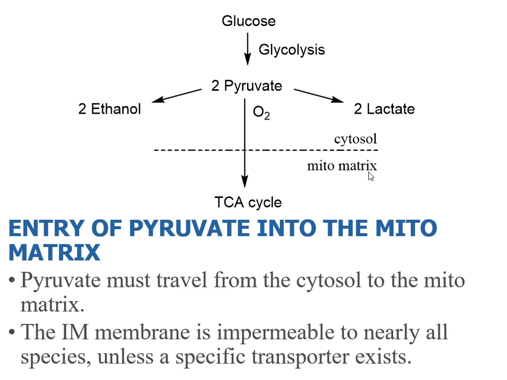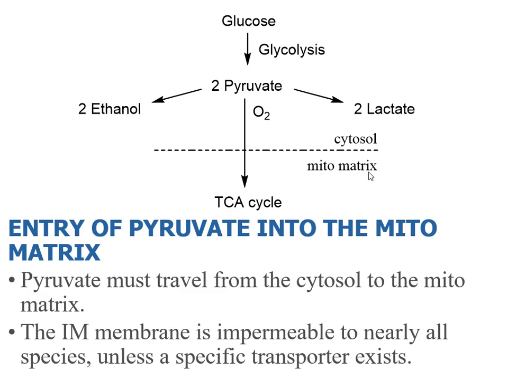So we have a bit of a problem here. When glucose is converted to pyruvate, that happens in the cytosol. But we need to get the pyruvate into the mitochondrial matrix in order for the pyruvate to be able to produce acetyl-CoA to enter into the citric acid cycle. That's not a problem for organisms that produce pyruvate from ethanol, or for our muscle cells that convert pyruvate to lactate.